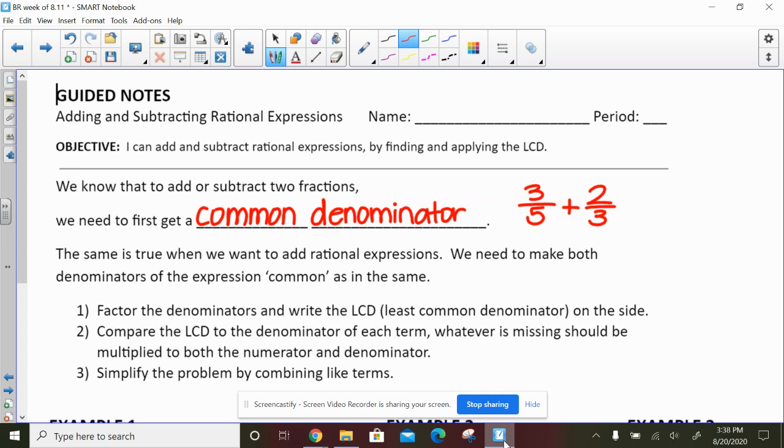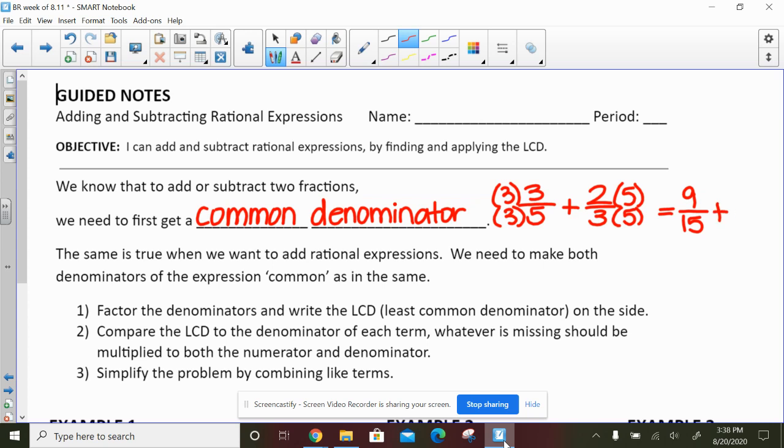So to get this common denominator, I would just multiply by whatever is over on the left side to the right side, top and bottom, and then whatever's on the right side to the left side, top and bottom. So when I do that, I get 3 times 3, which is 9 over 15.